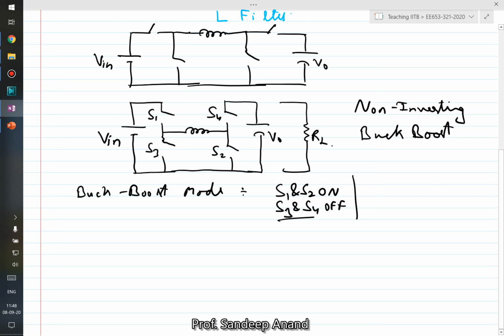You do this for a period of D Ts, and then you invert. So S1 and S2 become off, and S3 and S4 become on. You do this for (1 minus D) Ts.